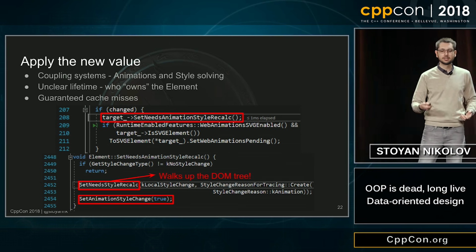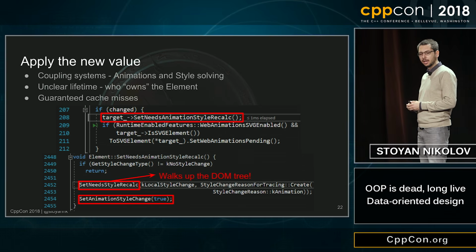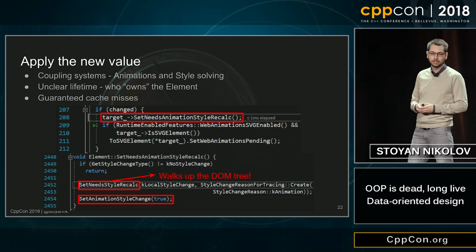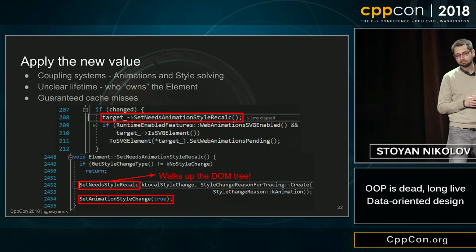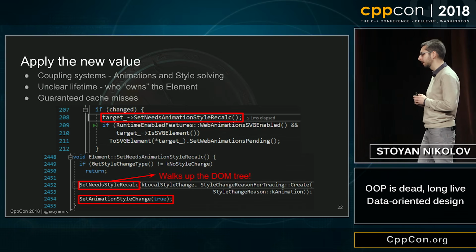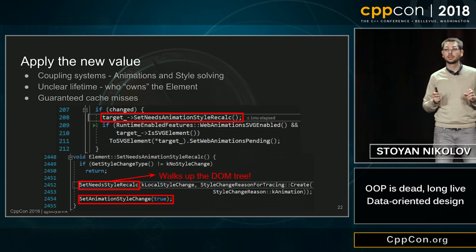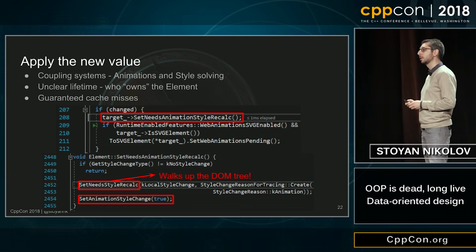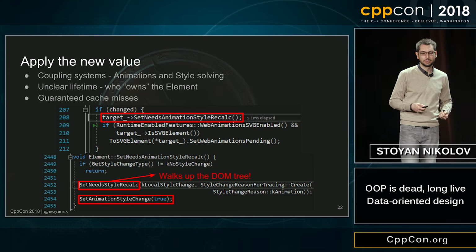In our case, this method is called setNeedsAnimationStyleRecalc. And if we look at the implementation, we'll see something very, very scary. This is again a symptom of object-oriented programming, I believe, where you call a method, but as it is a black box, you have no idea what's going on. So you might end up paying a very big cost on that.